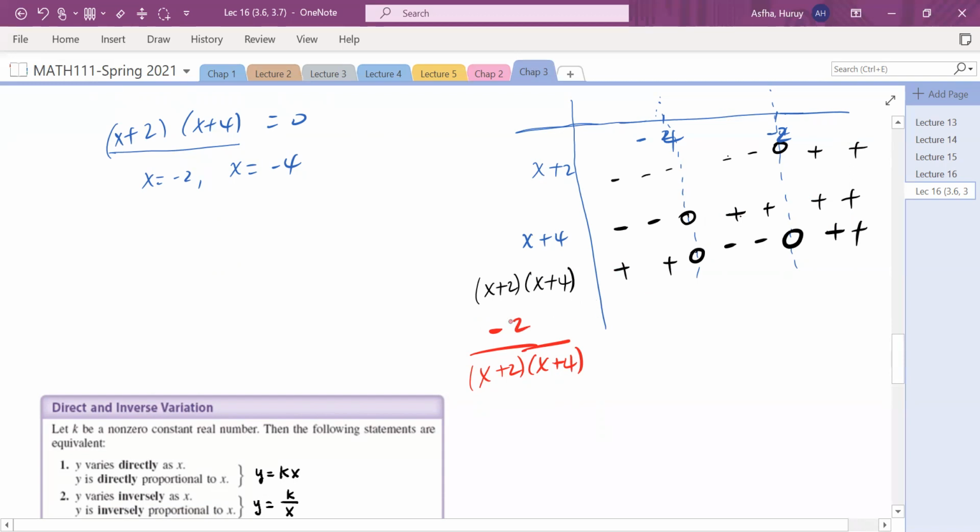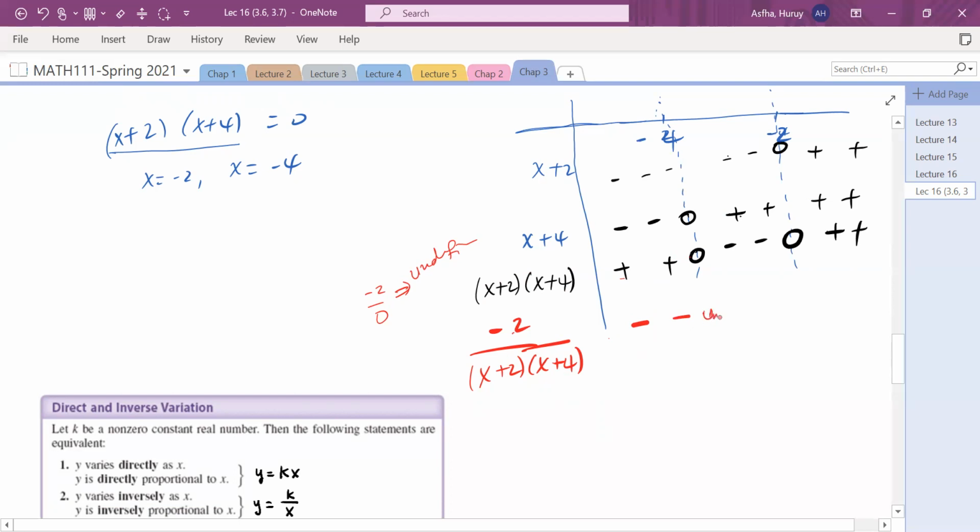So here, the sign of the denominator expression is positive. So negative divided by positive is negative, okay? Here, this expression is 0. So it becomes negative 2 divided by 0. Remember, this is undefined. Therefore, this is undefined. I will use u for now, just small u.